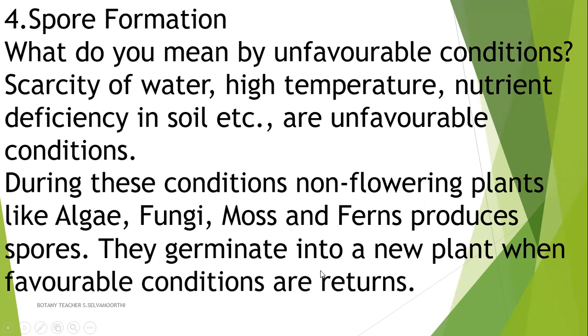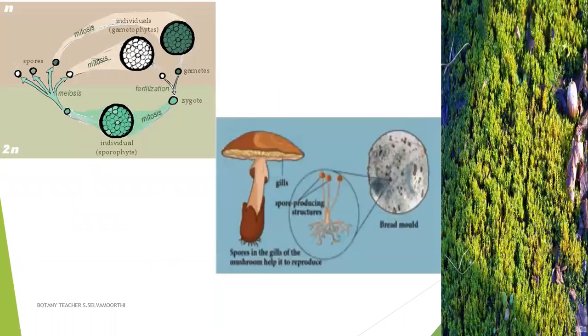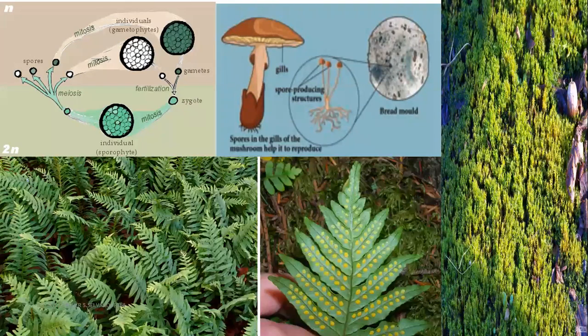They germinate into a new plant when favorable conditions return. So we can see fungus and ferns produce spores during unfavorable conditions.